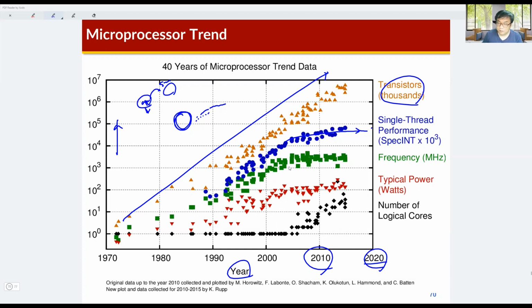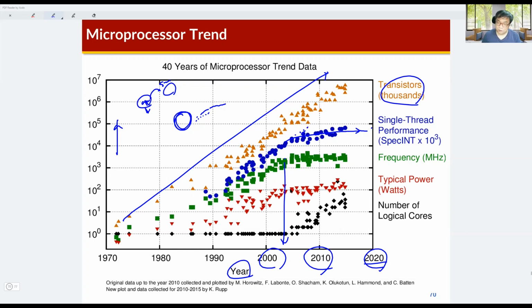And then, as you can see, the frequency is already saturated, like in the early 2000s. But after this, even though the frequency is saturated, the performance is slightly increased because of the effort of computer architects.